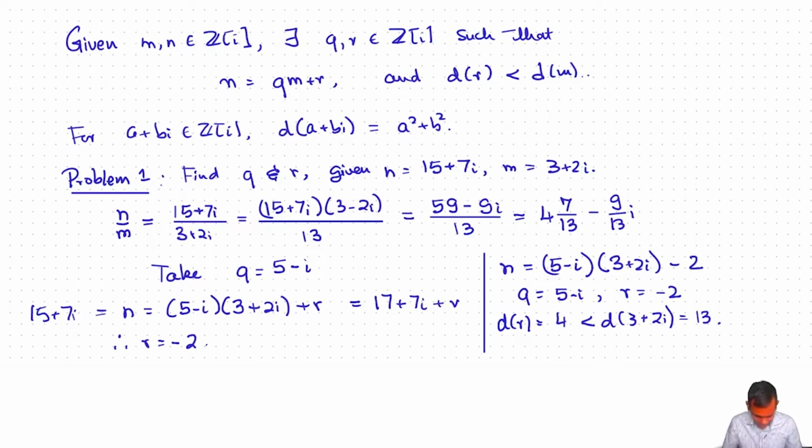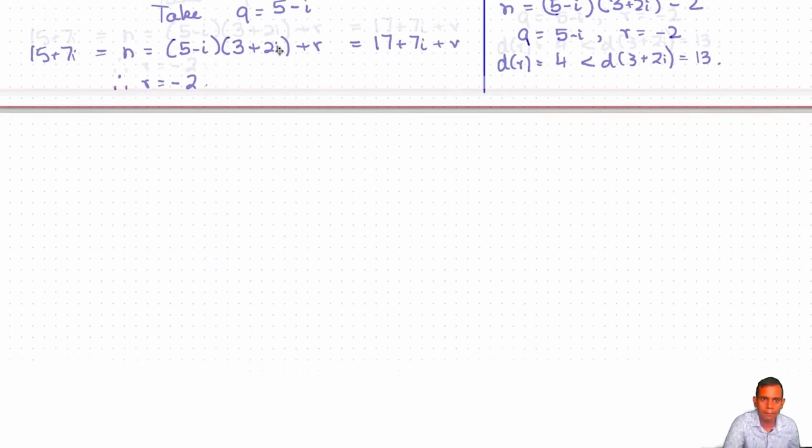So let's just do a little bit of analysis. n by m is q plus alpha, and we know that the real and imaginary parts of alpha are each less than or equal to half in absolute value, because we are taking q to be what we get when we take n by m and round off the real and imaginary parts to the nearest integer.